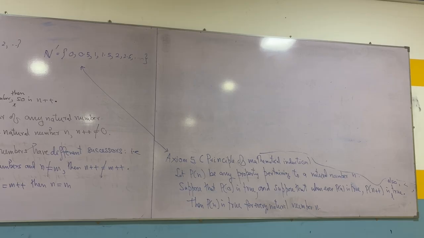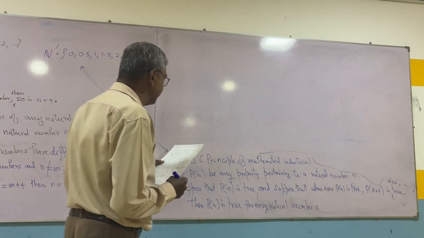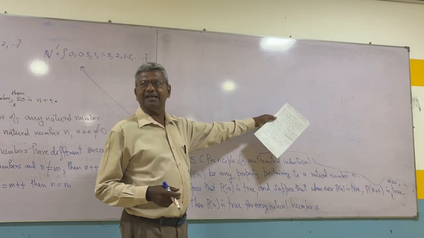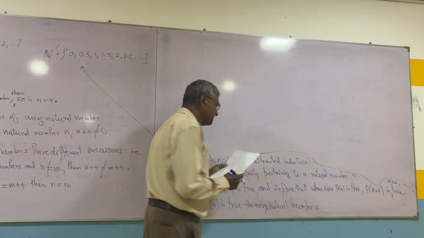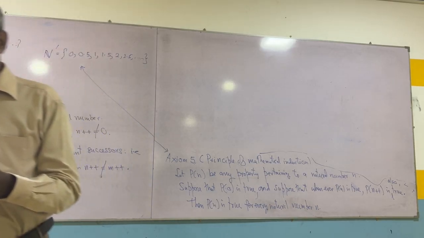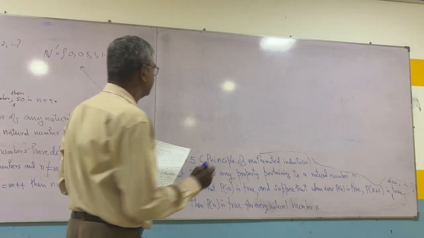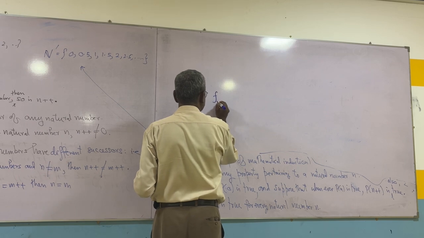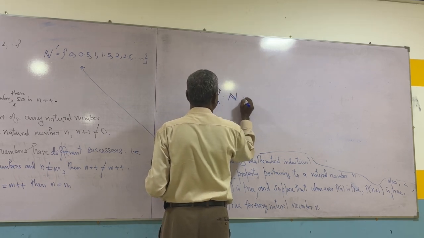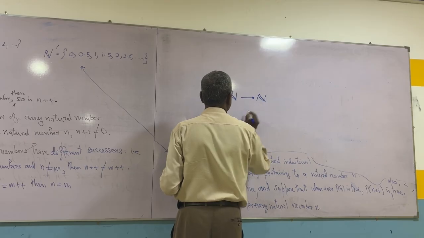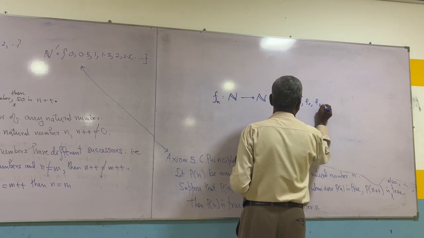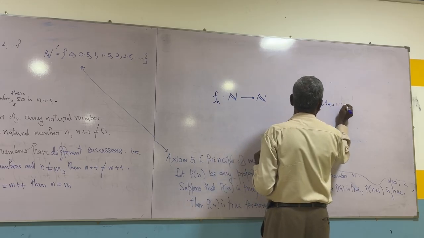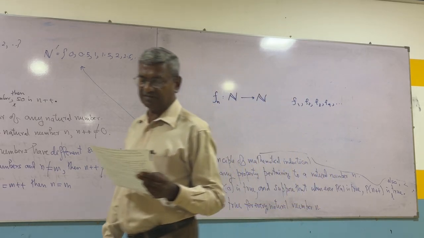I will write on the board, this is on page 6, proposition on recursive definitions. This is the idea, the one I wrote. Here he says, suppose for each natural number n, we have some function fn. You know the word function, no? Fn going from N to N. That means you have f1, f2, f3, f4, like this, a sequence of functions.